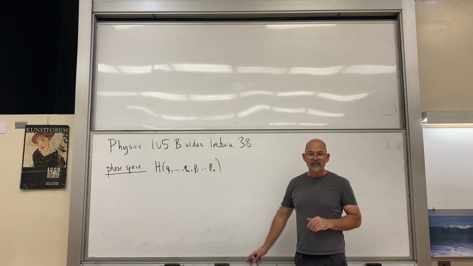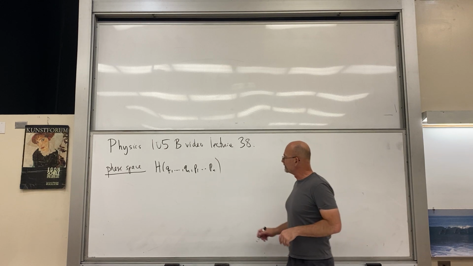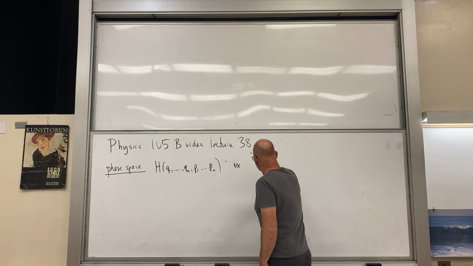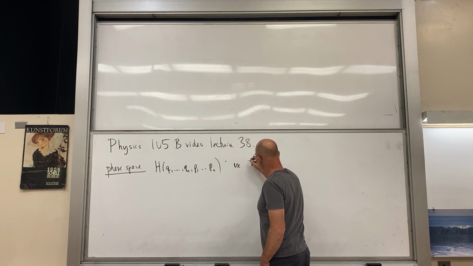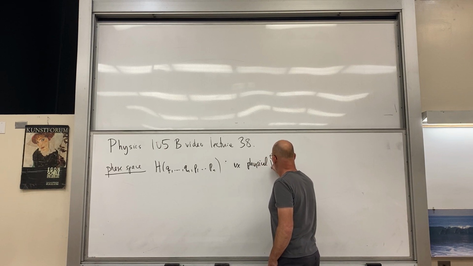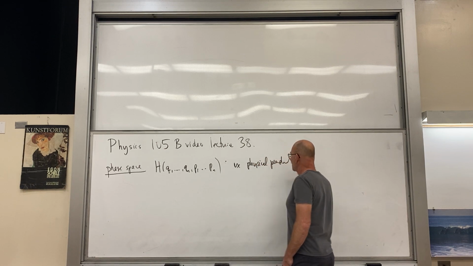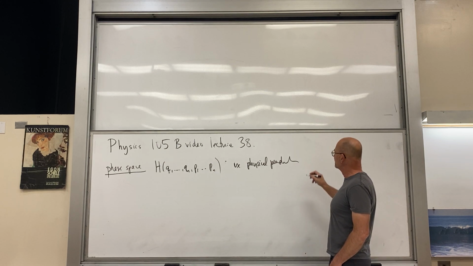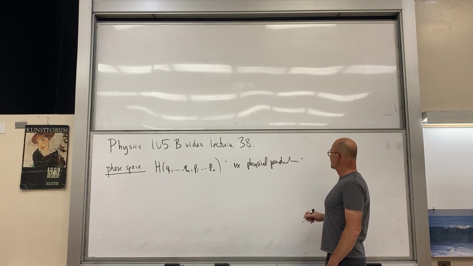Maybe get an even better picture this time. So let's go ahead and write that Hamiltonian down again. So we had the physical pendulum, and this thing can rotate the full 360 degrees, and then some.